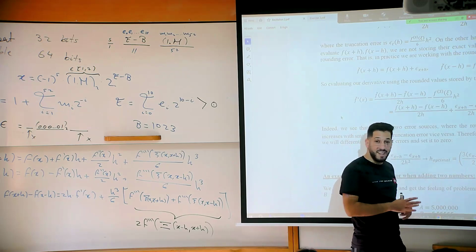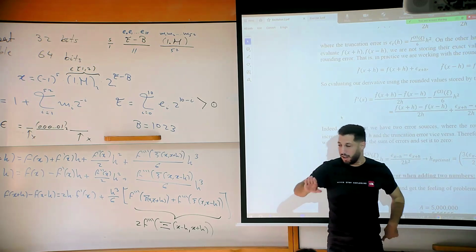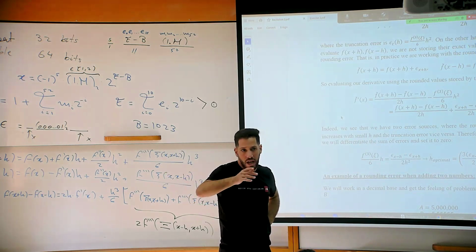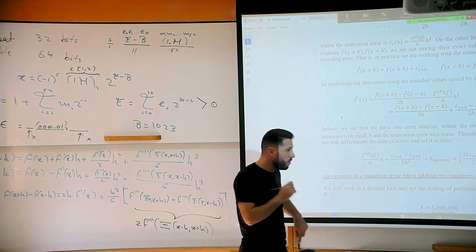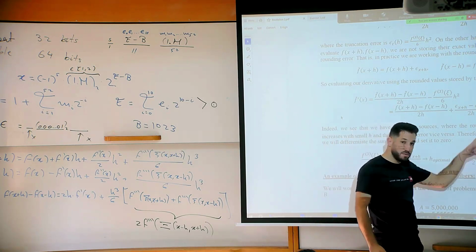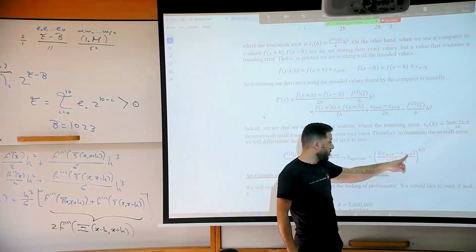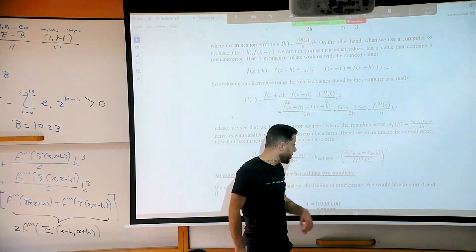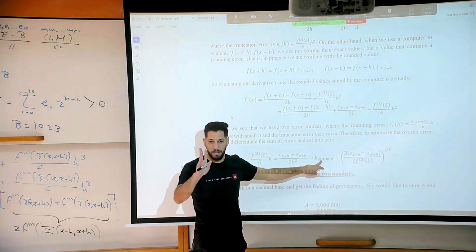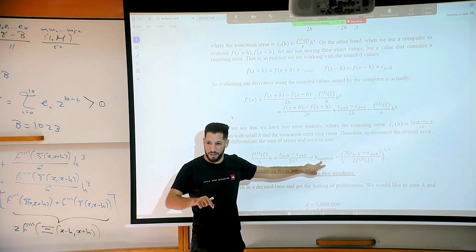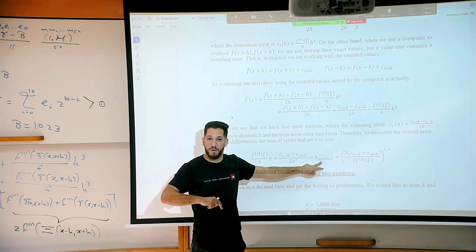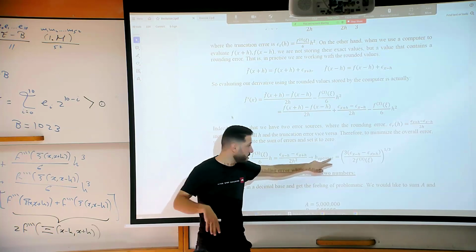So I take an arbitrarily small, very small number h, for example 10 to the minus 4, and calculate f at x minus 10 to the minus 4, and calculate here, make the difference between the errors, divide by this, and find h, and hope that I find h close to 10 to the minus 4. Maybe it will be 1.1 times 10 to the minus 4. So I reassign this h here.